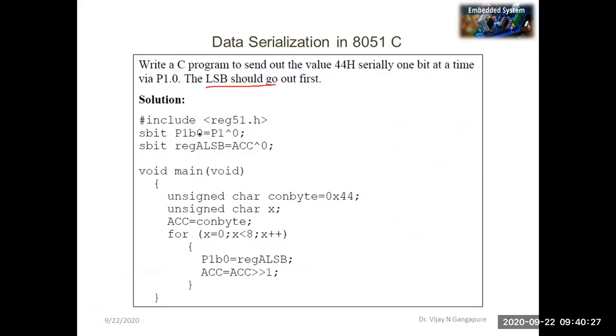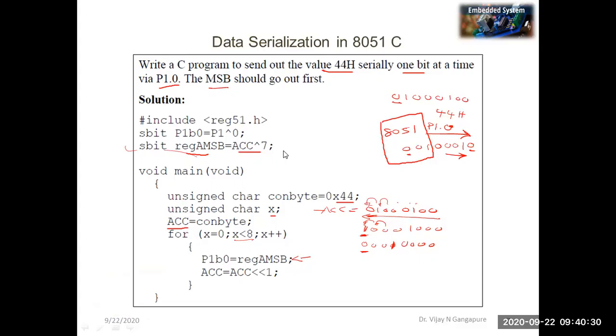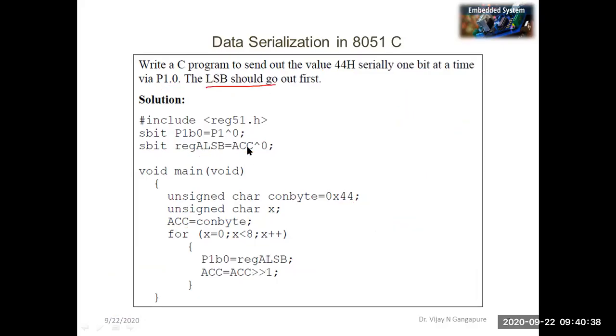Accordingly there will be modification. See the difference between this program and the previous one. In this program, I am declaring reg a msb as bit number 7 of the accumulator. Instead, since the lsb is being transmitted first, here bit number 0 of the accumulator is being declared as reg a lsb.